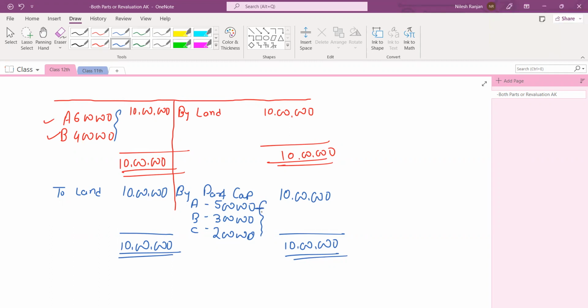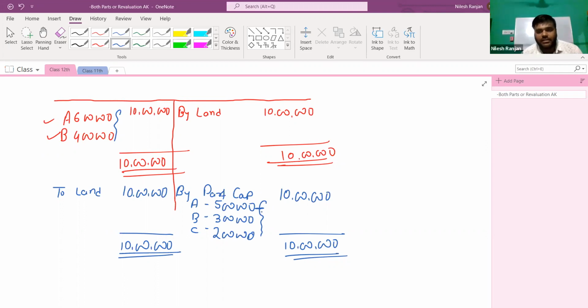So what is the net effect on A? 1 lakh. Profit or loss? Sorry, 1 lakh profit: 6 lakh profit, 5 lakh loss.